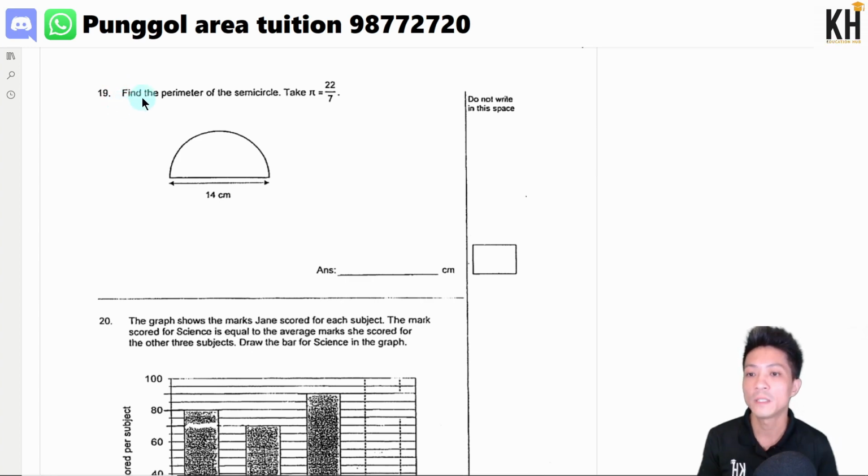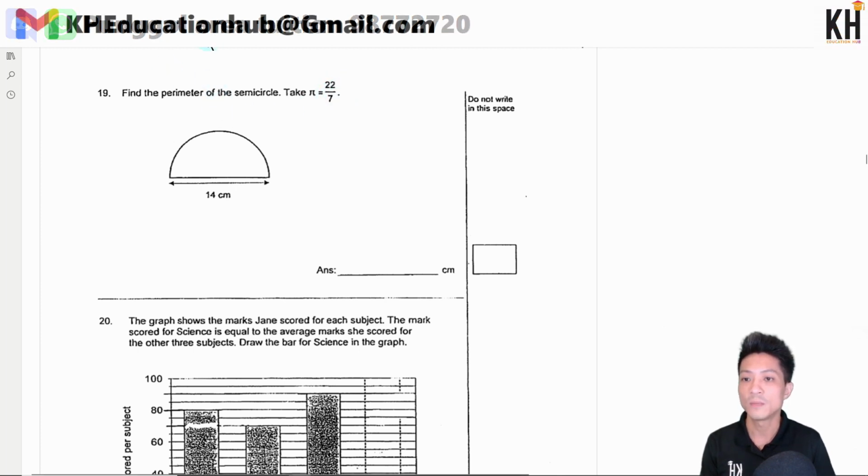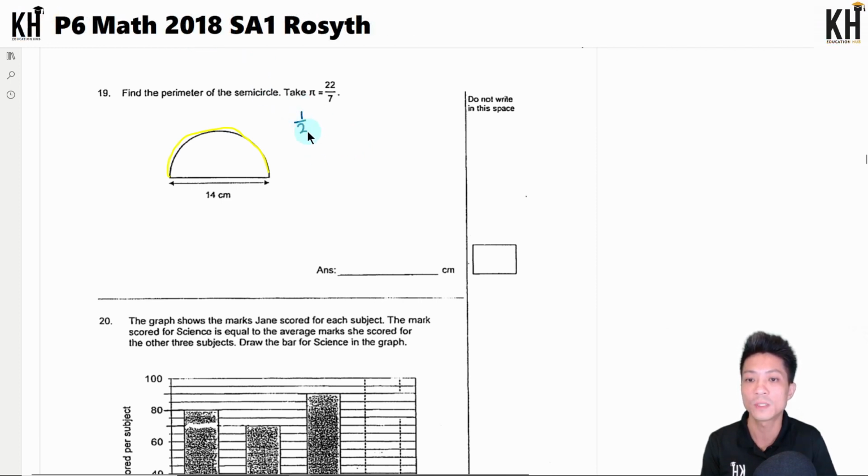Question 19. Find the perimeter of the semicircle. Take pi to be 22/7. So the first step that you need to do is find the circumference of the semicircle, right? That means this arc over here. I'm gonna use half times pi times d, which is 14.